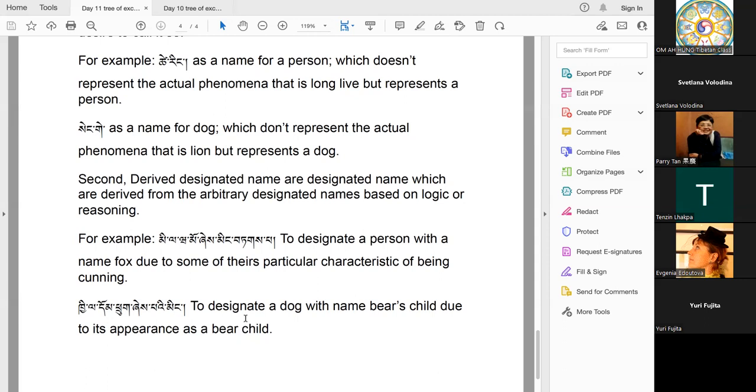Okay. Another name. Does anyone have another designated name? This is also a derived designated name. Another example. Does anyone have another example? Drolkar. And what is the logic of that name? Compassion. White Tara.